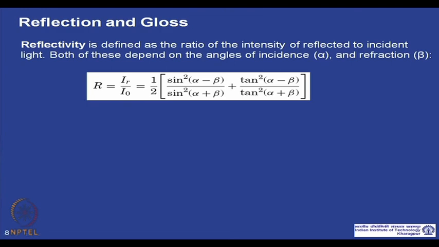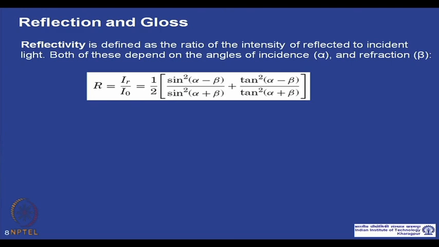Next, we will be discussing reflection and gloss. Reflectivity is defined as the ratio of the intensity of the reflected light to the incident light. So, more reflection means the reflectivity will be higher, and that depends upon the angle of incidence of the light and the angle of refraction, which in turn depend on the refractive index of the medium.